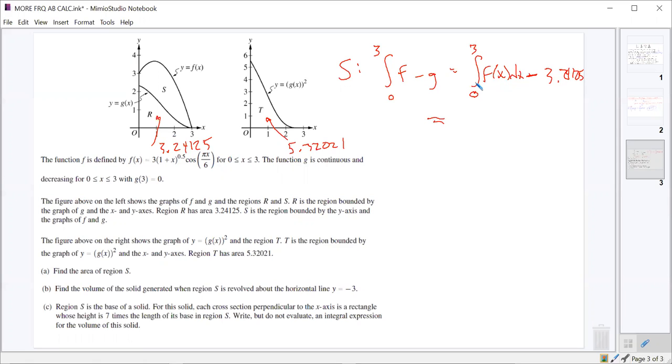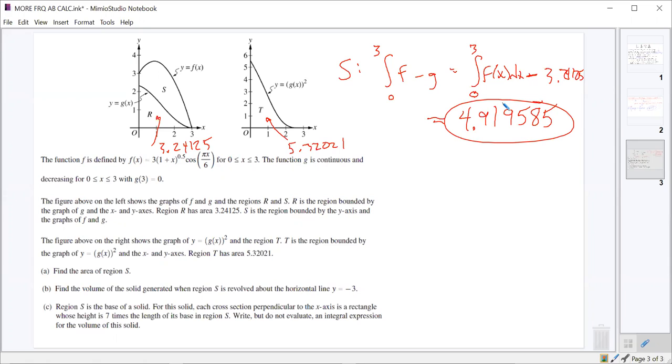And you'll use your calculator, you'll integrate this horrible function from 0 to 3, subtract 3.24125, and get 4.919585.